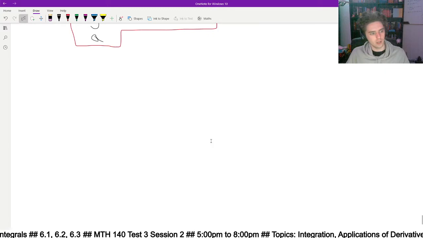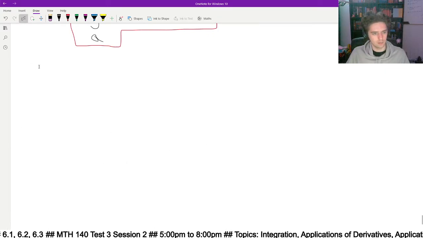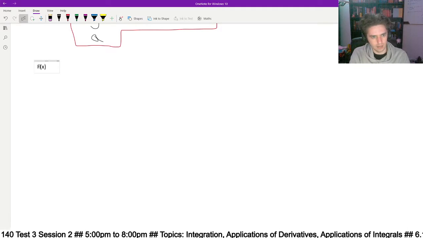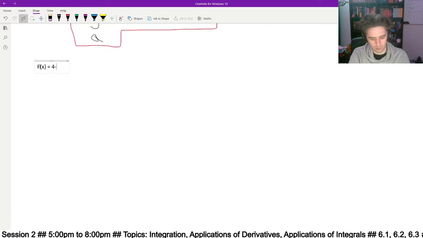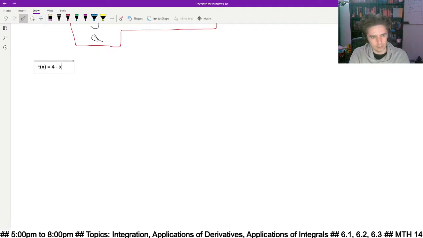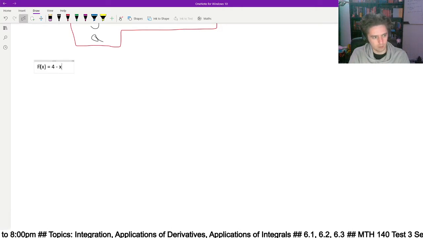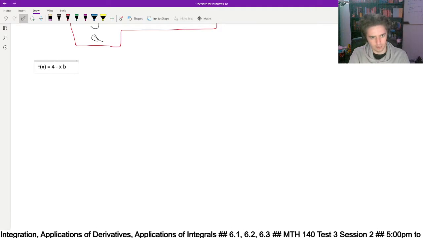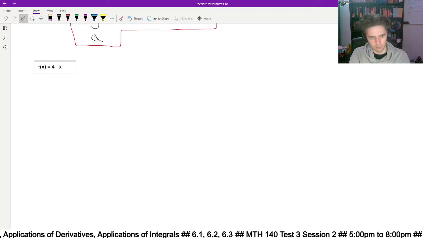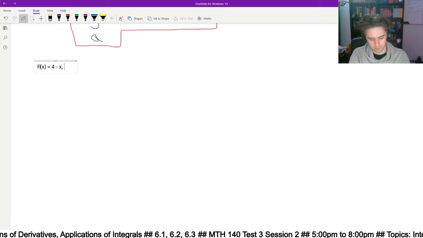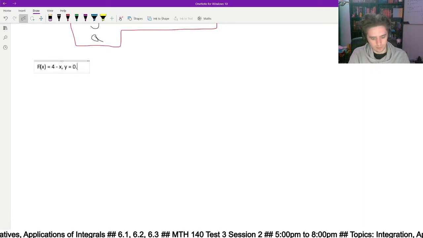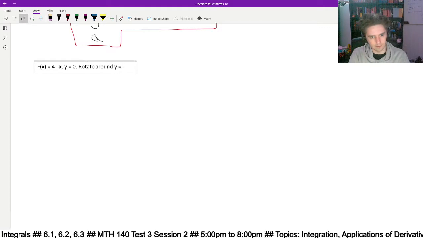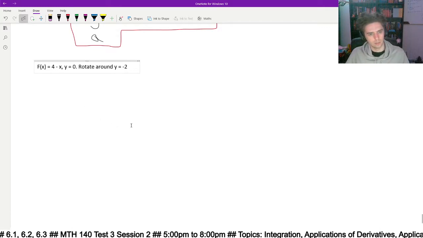We want to find the volume of the solid of revolution formed by revolving the region bounded above by f of x equals 4 minus x, and below by the x-axis, or y equals 0, but rotated around y equals negative 2.